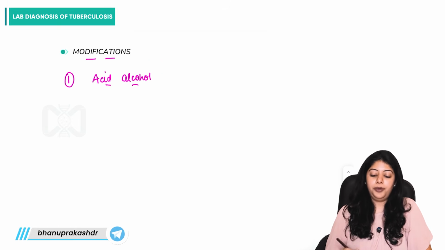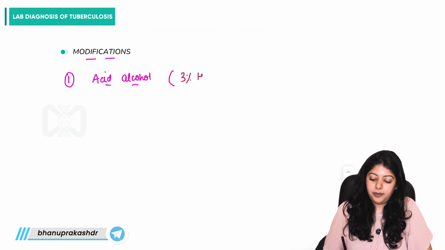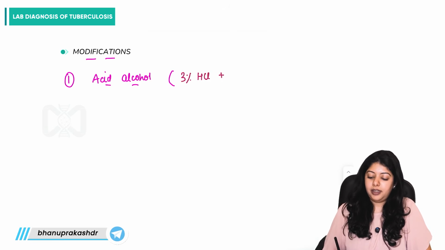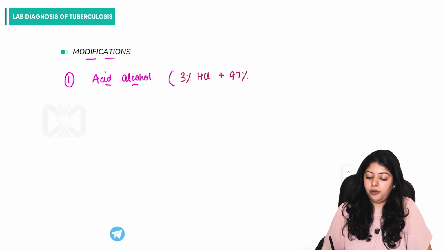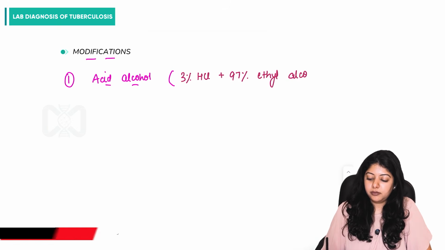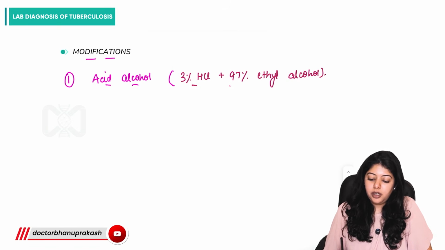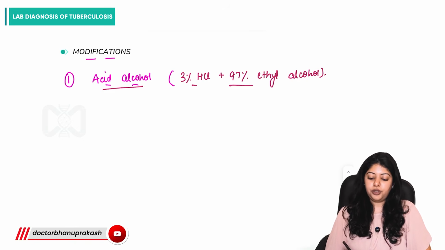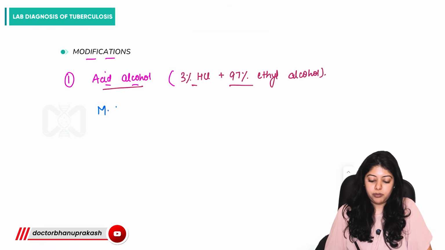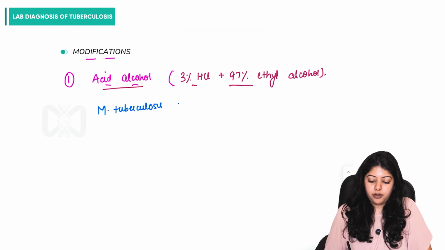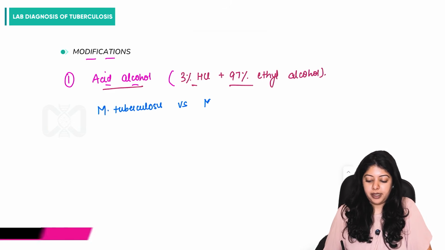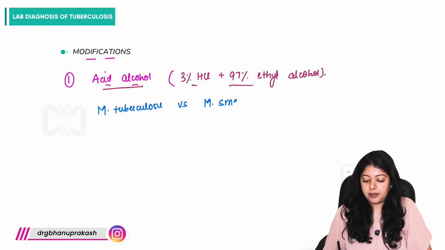Acid alcohol, which includes 3% HCl and 97% of ethanol, ethyl alcohol. So this modification is used to differentiate Mycobacterium tuberculosis from Mycobacterium smegmatis.